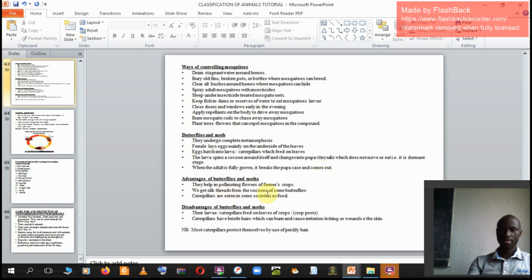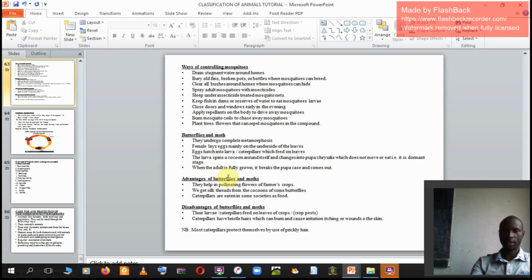Advantages: they help in pollination, or they pollinate farmers' crops. We get silk threads from them. In some societies, people eat caterpillars. Those are advantages of butterflies. Remember, caterpillar is the scientific name given to the larva stage of a butterfly.